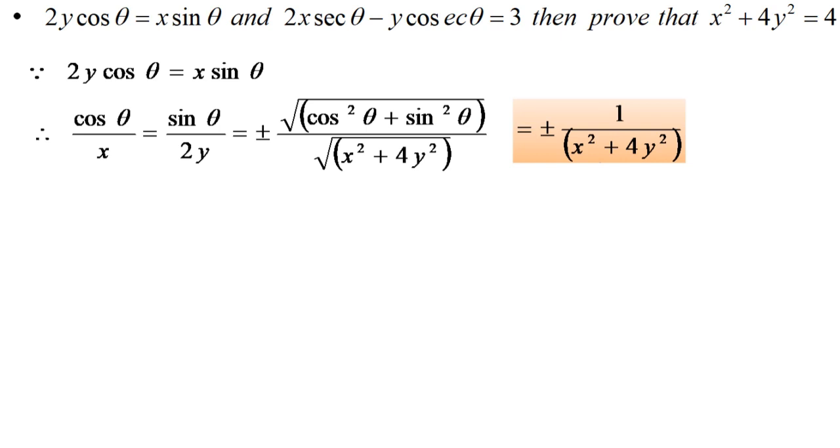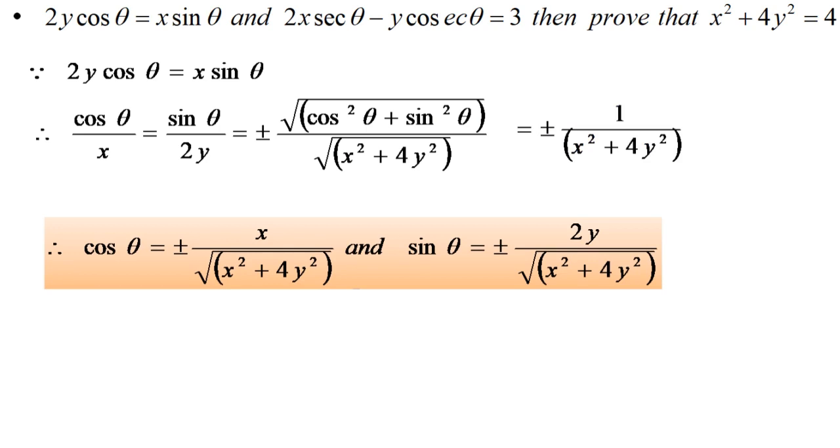Now here we put cos square theta plus sin square theta equals 1. Then from this expression cos theta by x equals plus minus 1 by root over x square plus 4y square. Then cos theta equals plus minus x by root over x square plus 4y square. And sin theta by 2y is equal to plus minus 1 by root over x square plus 4y square. Then sin theta is equal to plus minus 2y by root over x square plus 4y square.